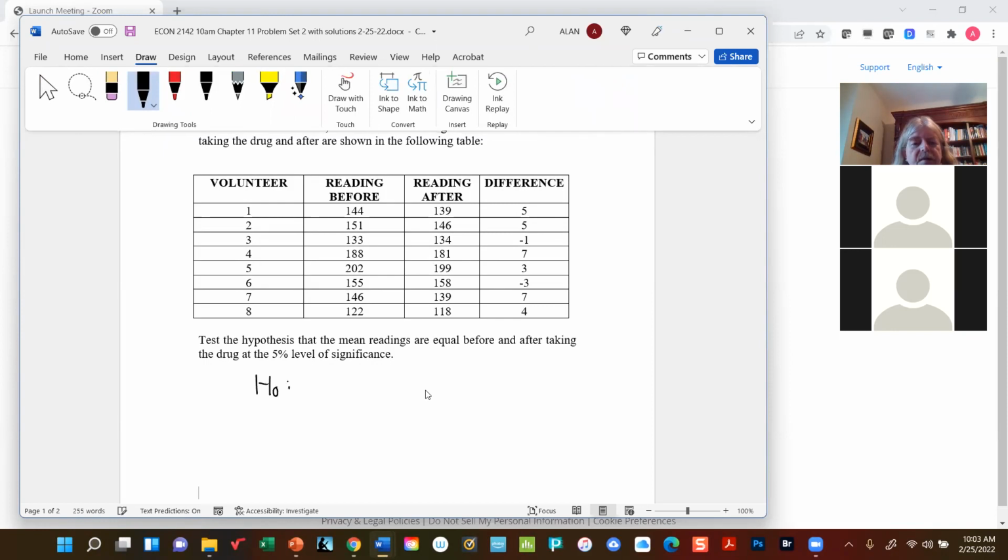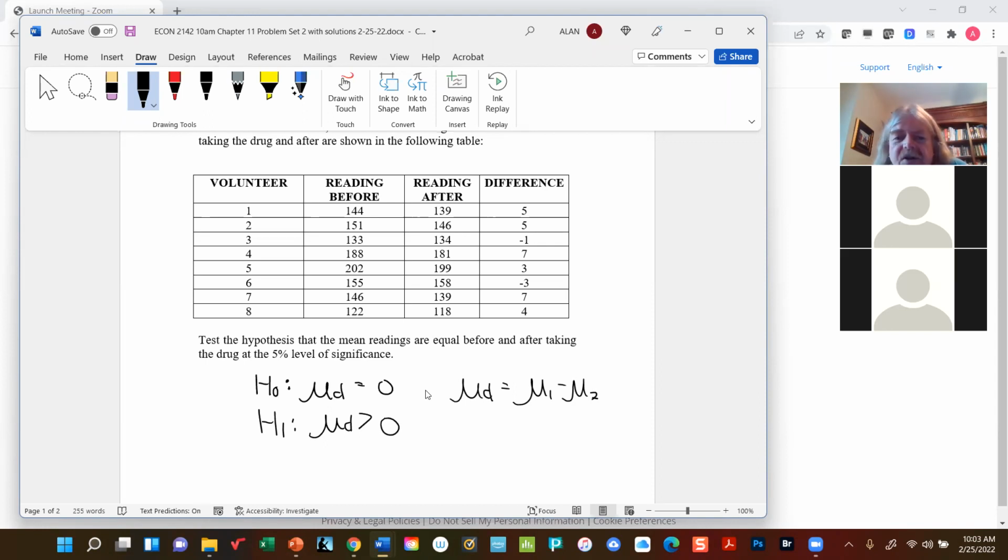Remember, with this type of test, the notation is slightly different. We're going to call this mu d equals 0, where mu d is mu1 minus mu2. And the alternative would be that this difference is positive. That's what we're looking for evidence of.